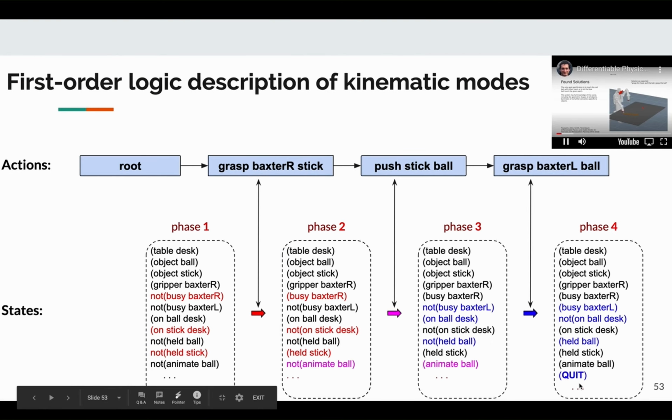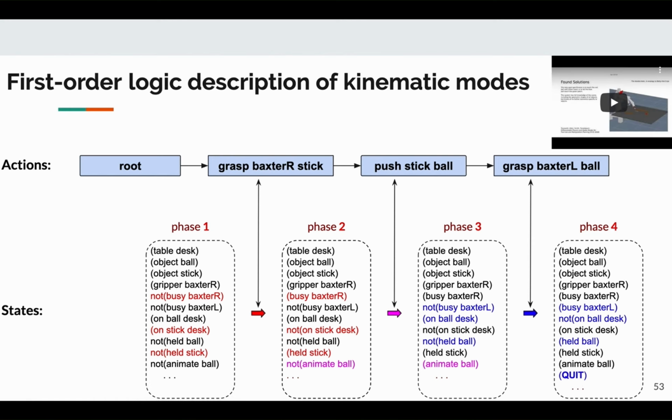And of course, the first action that you would do, you would just grasp. But you remember, we truncate those which are not kinematically feasible. Therefore, this action to grasp the red ball is not feasible, and therefore you have to proceed to find the path that is kinematically feasible through other leaves, which in this case would result in grasp small stick, push big stick, grasp big stick, push ball, grasp ball.